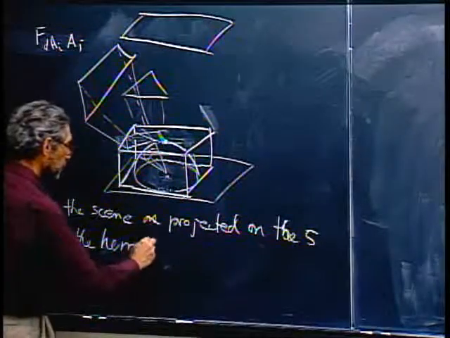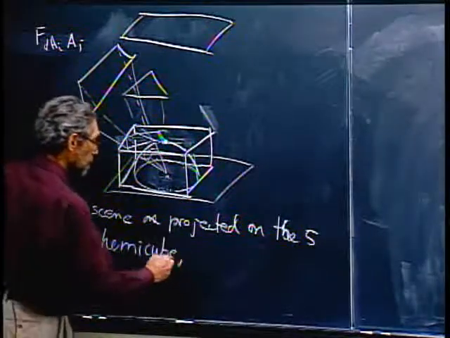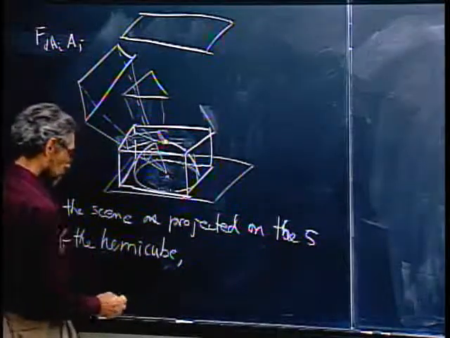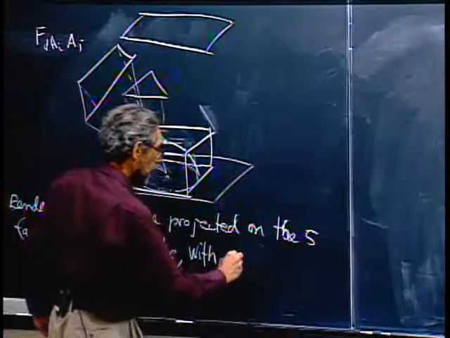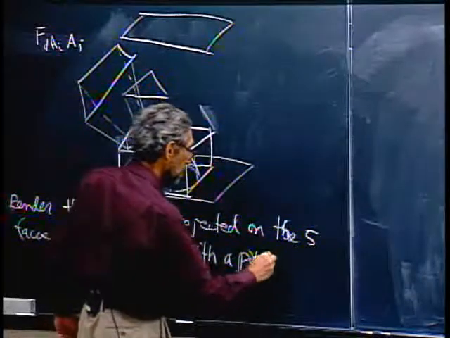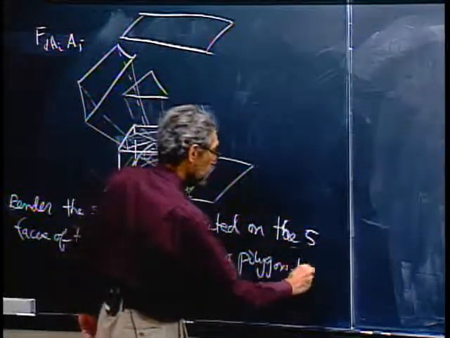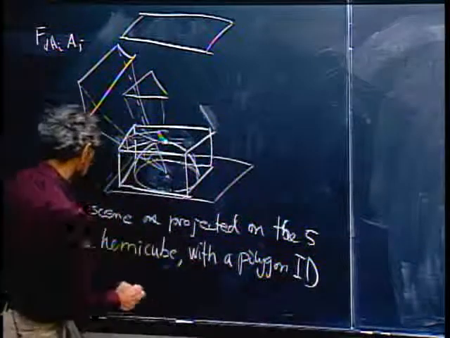Hemicube because it's a half of a cube. Hemicube with a polygon ID. That's an integer from 1 to the number of polygons instead of a color.